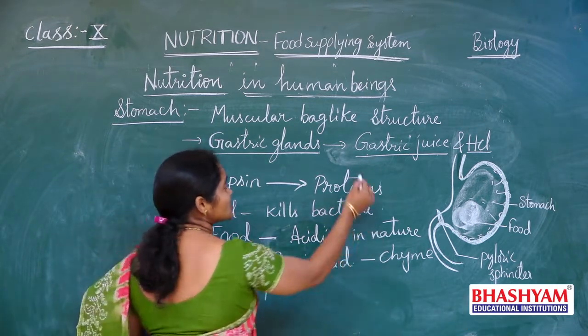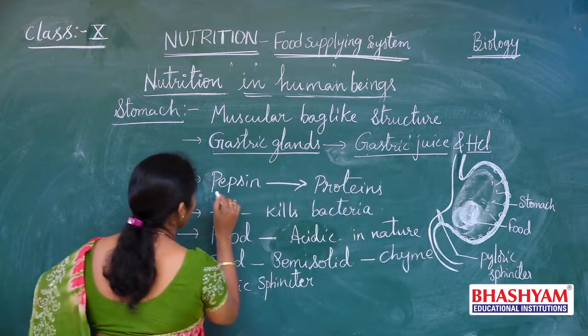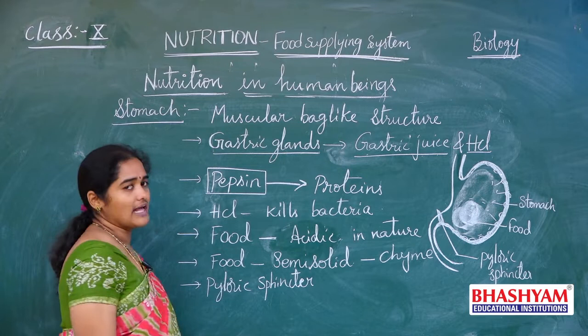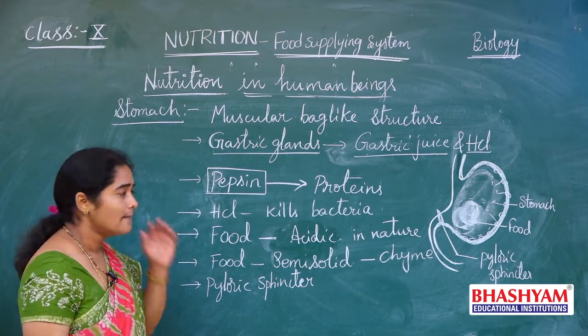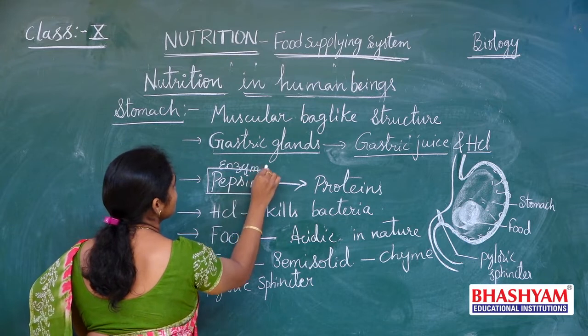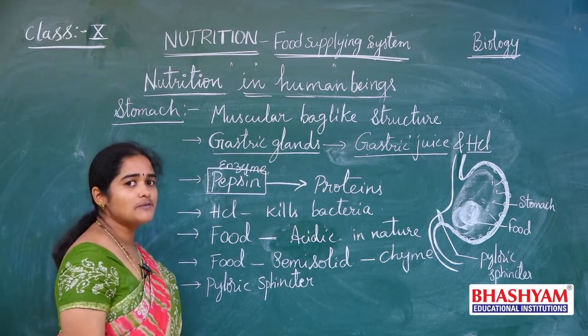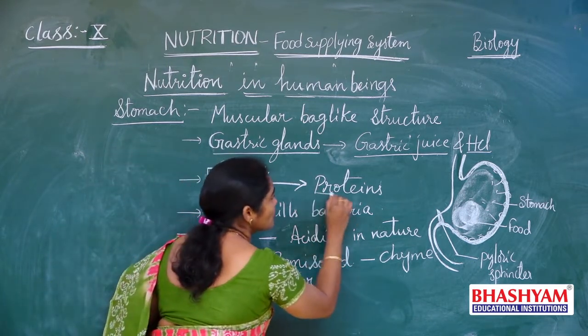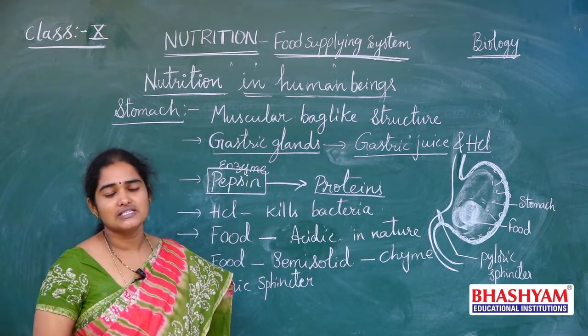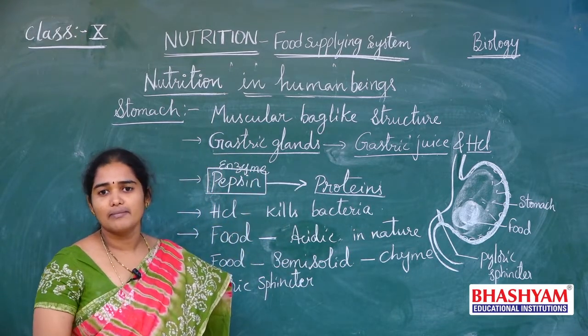Now, this gastric juice consists of an enzyme called pepsin. It is a digestive enzyme that helps in the breakdown of proteins. In the buccal cavity, carbohydrate digestion started by salivary amylase.